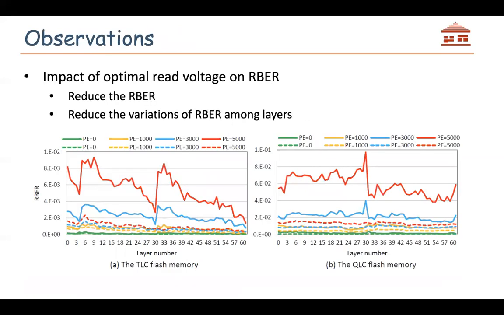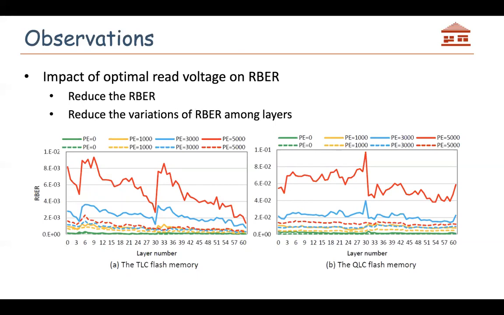To obtain the optimal read voltage, we begin with characterizing the RBR and the optimal read voltages of high-density 3D NAND flash memory. The figure shows the RBR of TLC and QLC flash. The solid lines show the RBR when reading data with default read voltage, while the dashed lines show the RBR when using optimal read voltages.